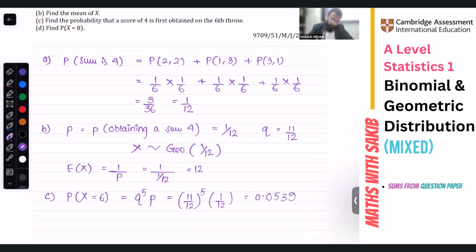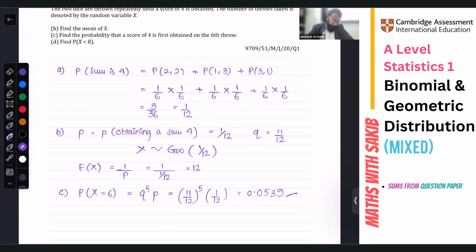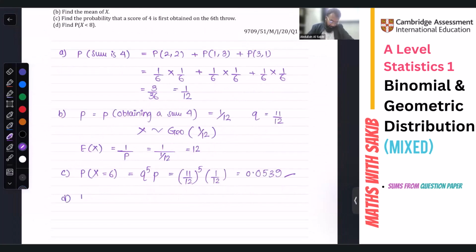That is 0.0539. Done. Number D, probability of x is less than 8. In the geometric distribution, we had a formula for less than or equal to. So x is less than 8. What does it mean? It means 7, 6, 5, 4, 3, 2, 1. So I can also write x is less than or equal to 7.